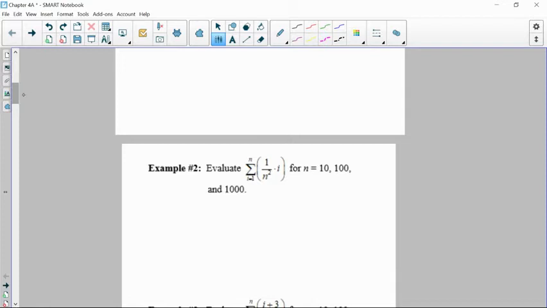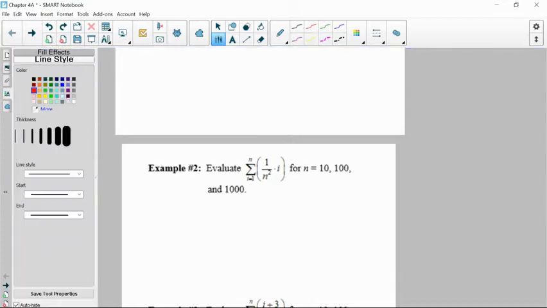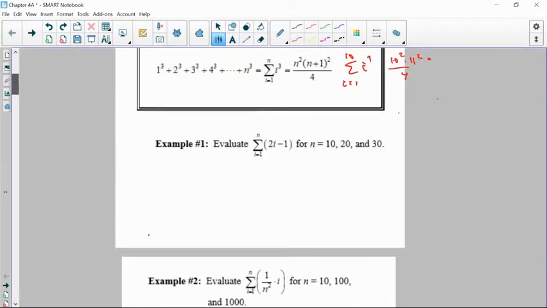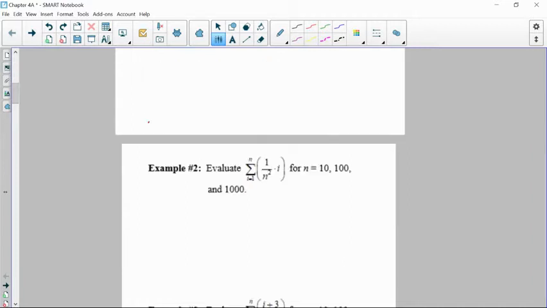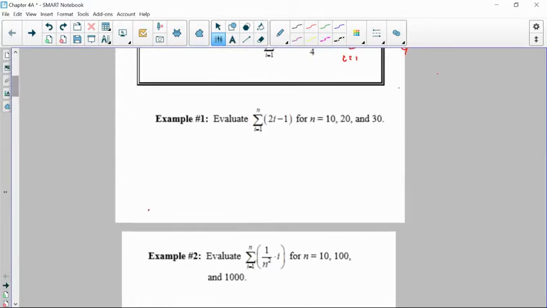Okay, so for that first example, oops, sorry, I think I went too far. There it is. It says let's evaluate this for different values of N. So if it said I equals 1 to 10 of 2I minus 1, remember I would be your placeholder. So you let it be 1, then 2, then 3, then 4, up to 10.